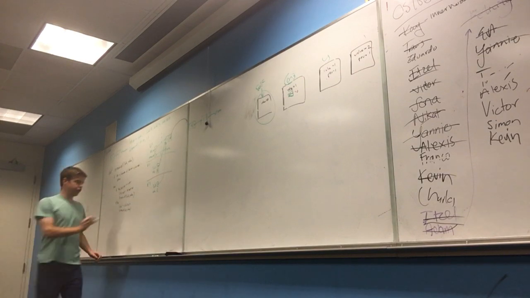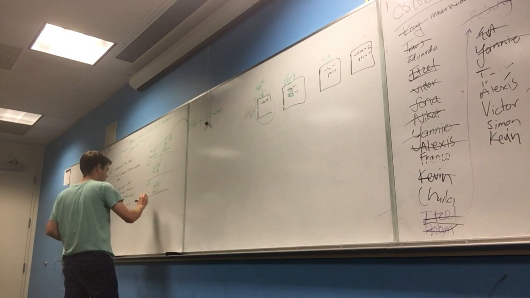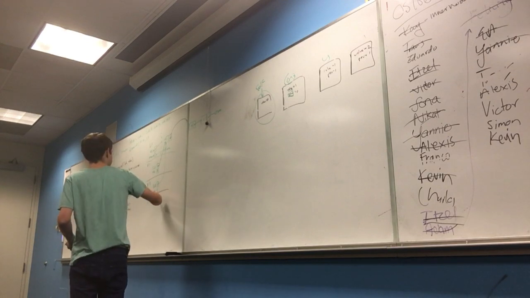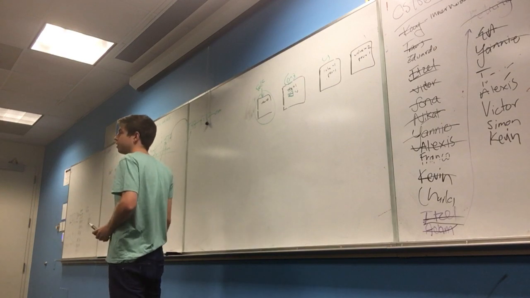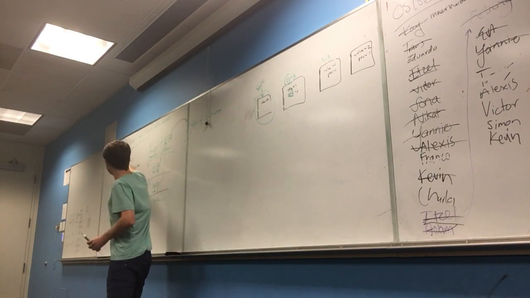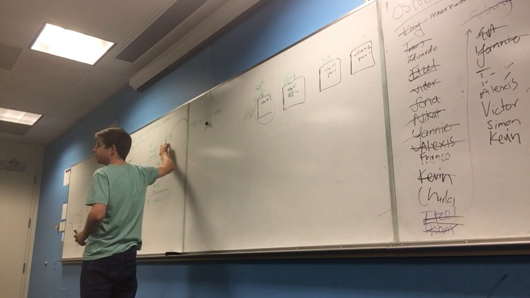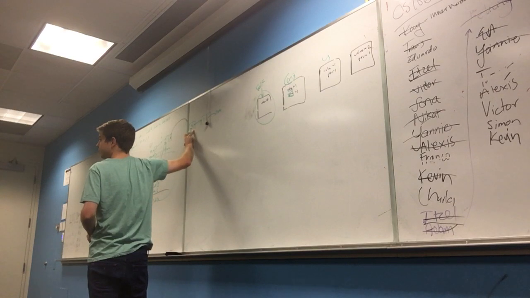Okay, so now I've created a new one. Now link in this frame points to that. Our original list example still points to the first object, but in this call, link is going to point to here.